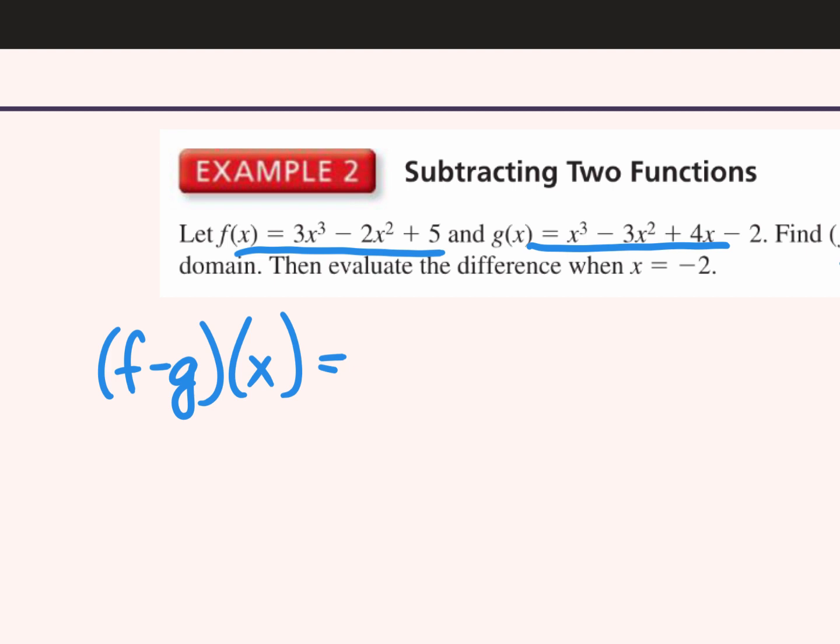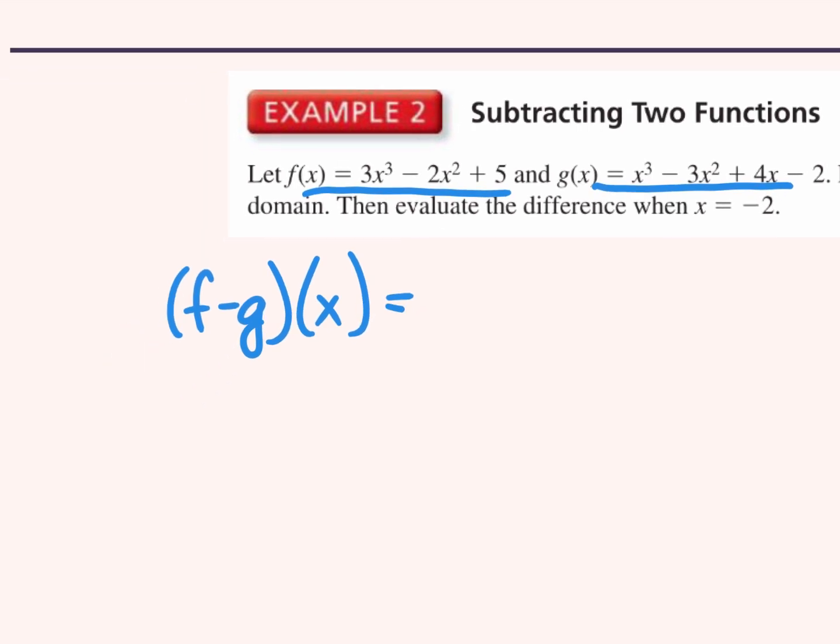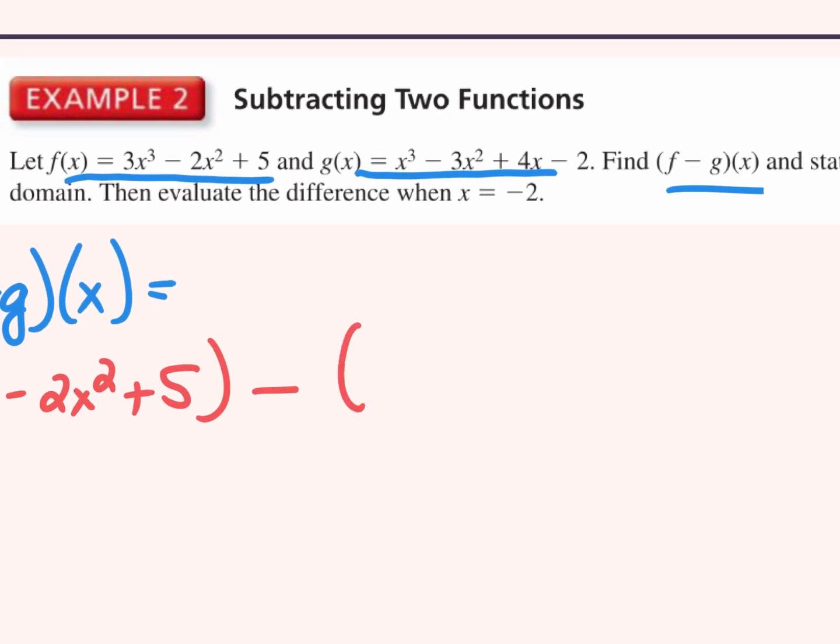Guys, when you have subtraction, you got to be real careful because order matters here. My f function, I'm going to leave it in a parenthesis. I'm going to say 3x cubed minus 2x squared plus 5. I'm going to put a minus sign, and then I have my g. So it's x cubed minus 3x squared plus 4x minus 2.